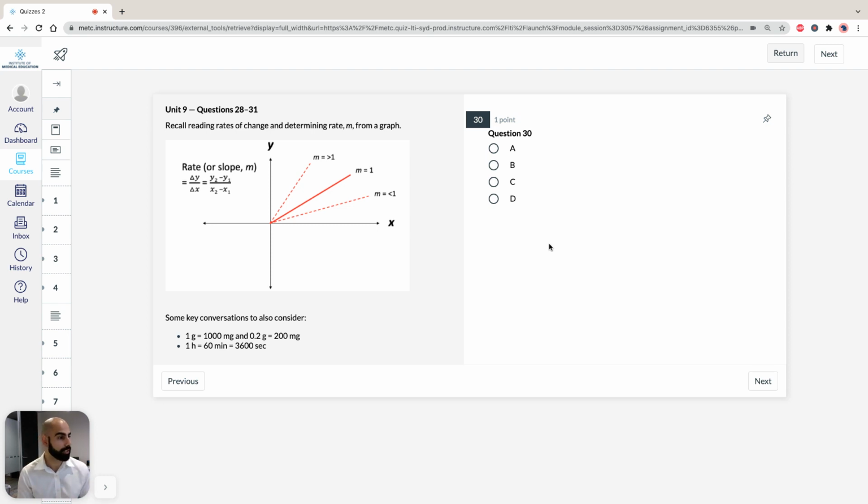All we're told in figure 2 is that the y-axis is the rate of oxygen consumption, so the metabolism, over the ambient temperature. So the metabolism is changing over different temperatures. In this instance you can see the slope is negative, so the slope is going down, so there's a decrease in rate.